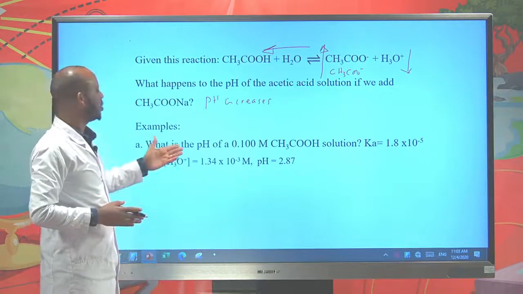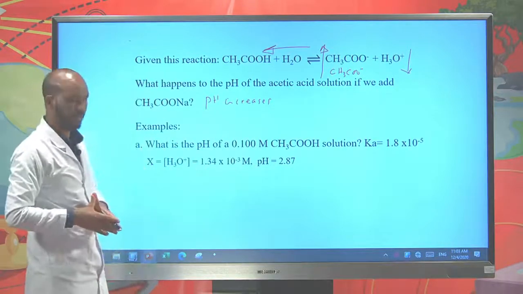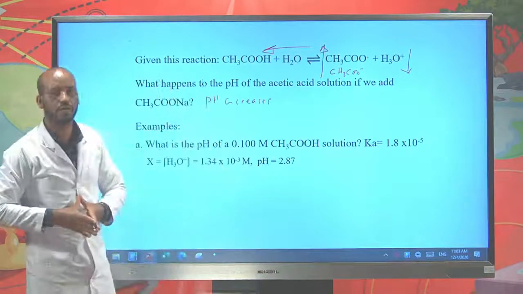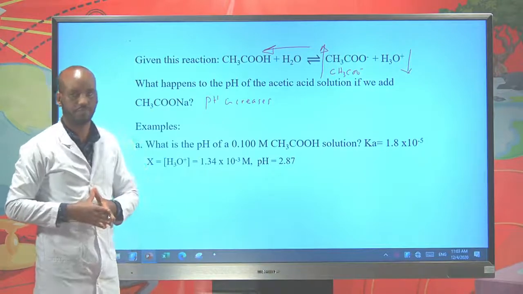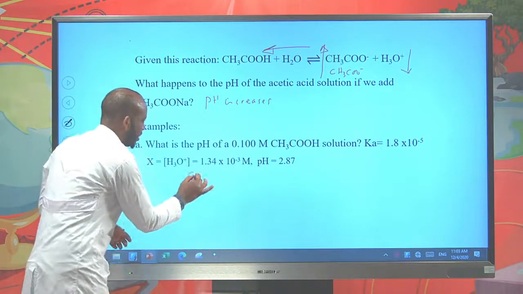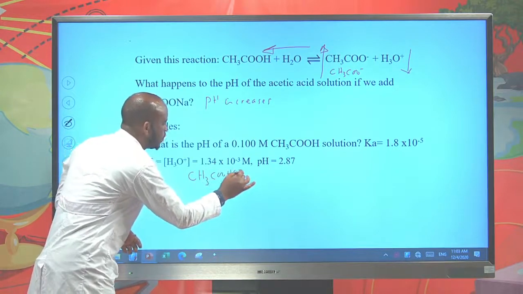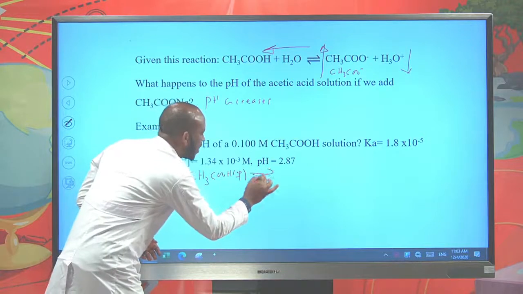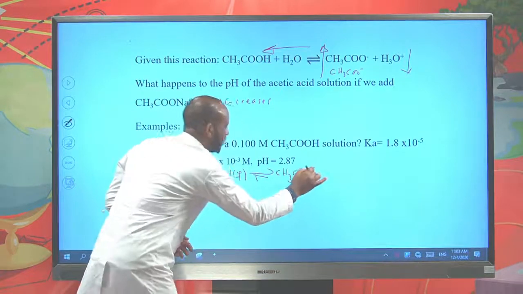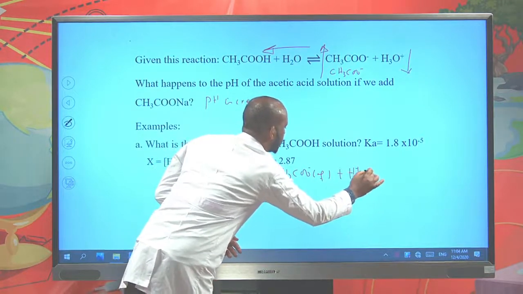Example. What is the pH of a 0.1 molar acetic acid solution? The dissociation constant of the acid is 1.8 times 10 raised to minus 5. Now the acid is acetic acid, a weak acid. Acetic acid, CH3COOH aqueous, slightly dissociates into acetate, CH3COO minus aqueous, plus H plus aqueous.